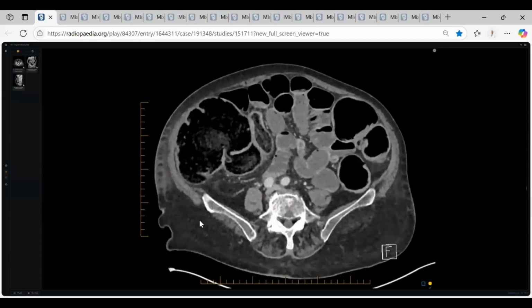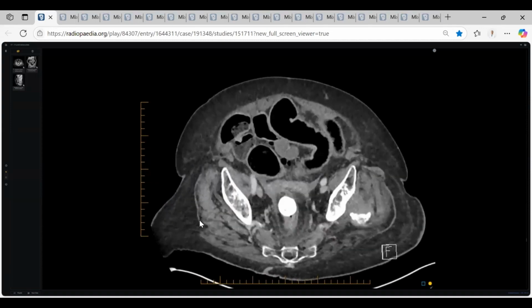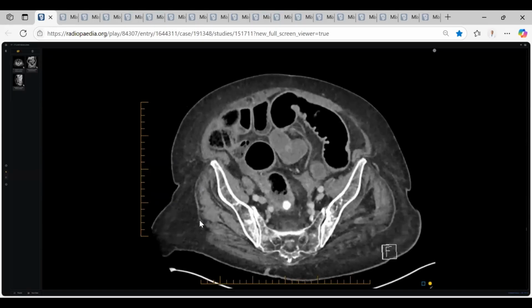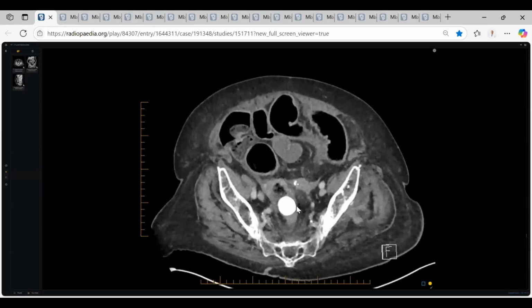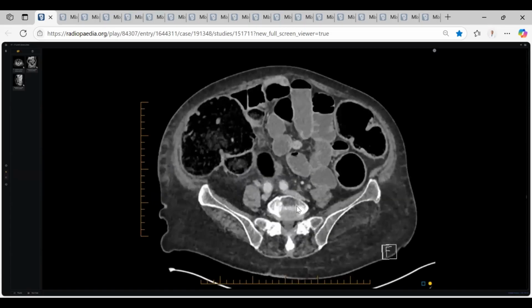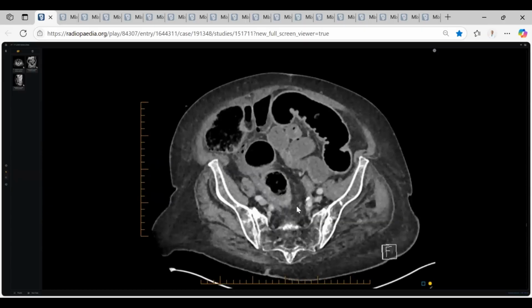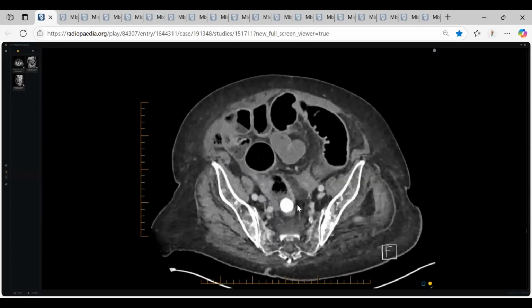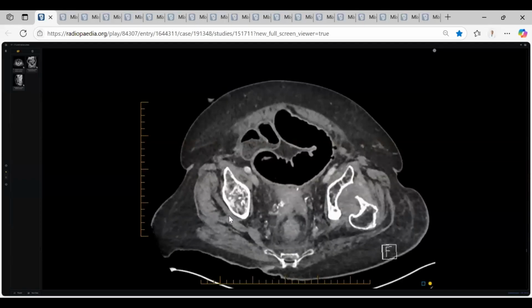Then as I go down, you tell me you're searching for a transition point, and the stone is in front of your eyes. My colleagues, try to tell the examiner what you logically think, because this is the point of transition, the impacted stone within the rectum.